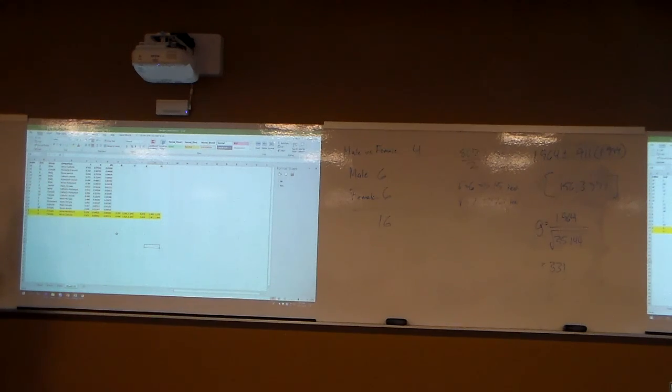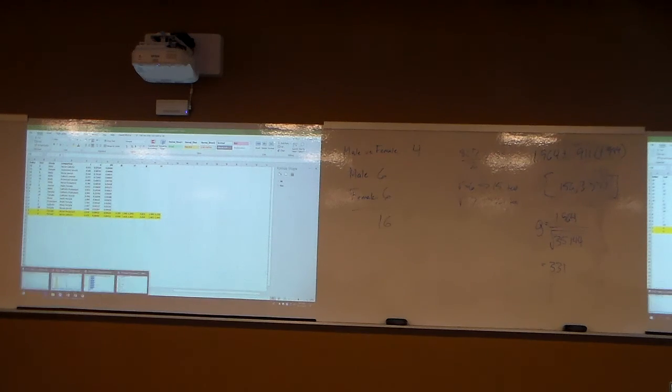Questions about this? Yes. With the output, when running the independent samples t-test, is it fine if males and females are in the same t-test? What do you mean? Like yours was split up, male and then t-test, and then female. Oh yeah.